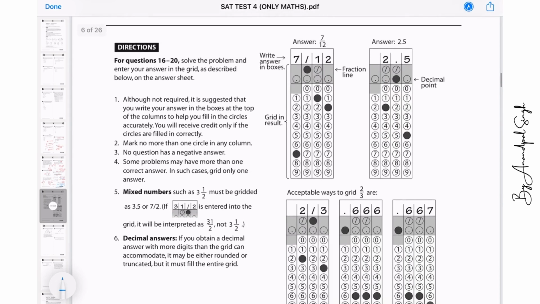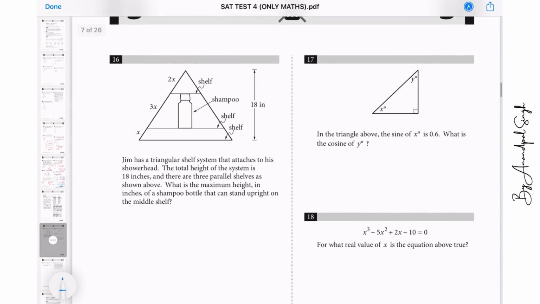Next, we are going to question number 16. Jim has a triangular shelf system that attaches to his shower head.